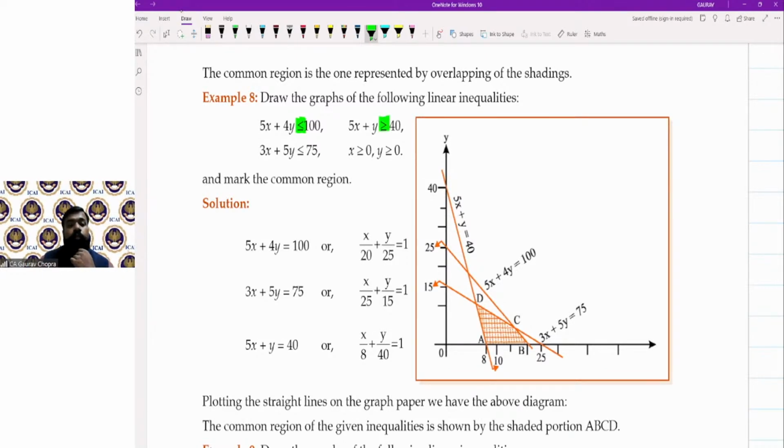Second is more than 40, outside area. Third one, less than 75, inside. So 2 are inside, 1 is outside. तो कॉमन एरिया आ जाएगा उन तीनों के बीच में. So this is the required area, the common area. So this red portion will become the common area.